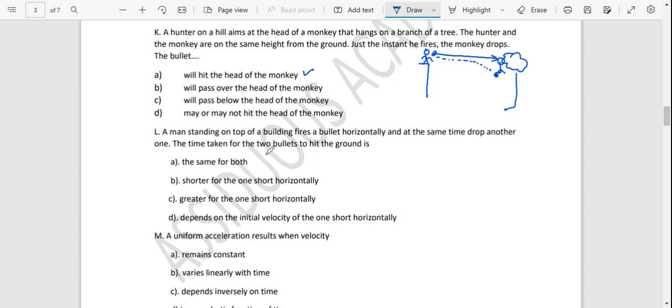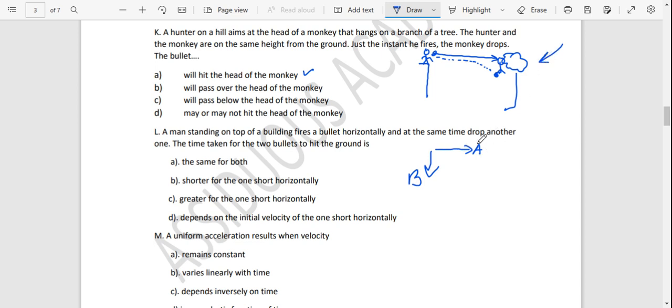Okay. The next question: a man standing on top of a building fires a bullet horizontally and at the same time drops another one. The time taken for the bullets to hit the ground is... you throw something in this direction, and at the same time you also drop something down. Which one is going to reach first? Well, both are going to reach the ground at the same time. It's the same scenario as this one.